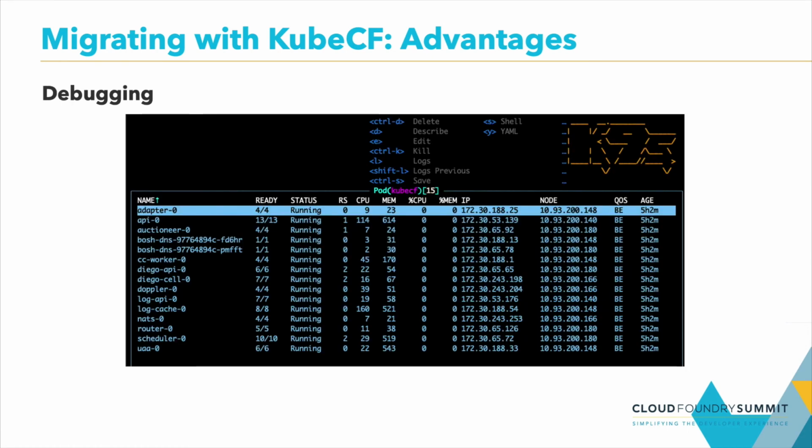Last but not least, one of the advantages is debugging. KubeCF has a really nice thing for each pod. First of all, of course, sorry for not saying that, you can also use really nice tools like K9s that simplify navigating through the pods in a namespace. But each KubeCF pod has init containers like the wait one.